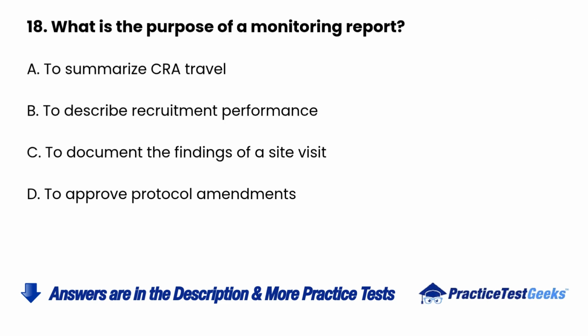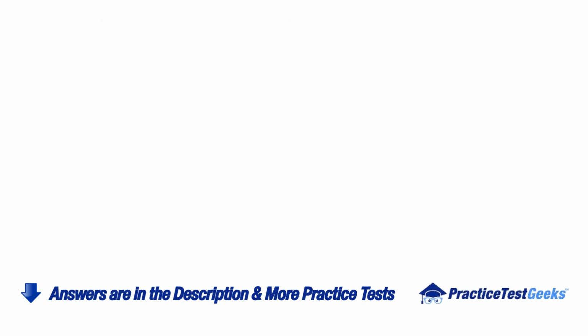What is the purpose of a monitoring report? A. To summarize CRA travel. B. To describe recruitment performance. C. To document the findings of a site visit. D. To approve protocol amendments.